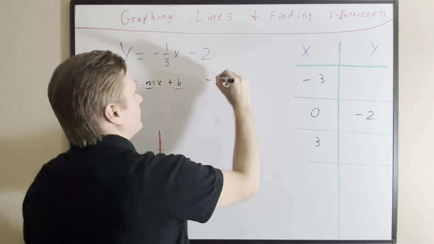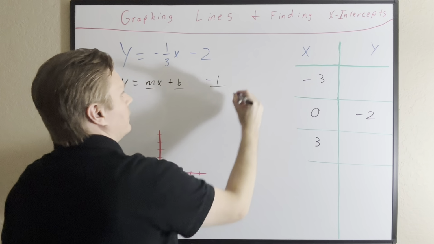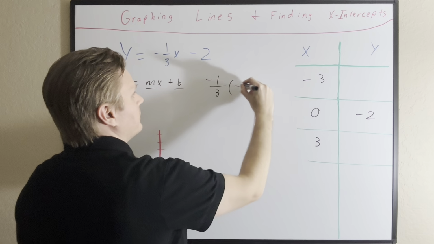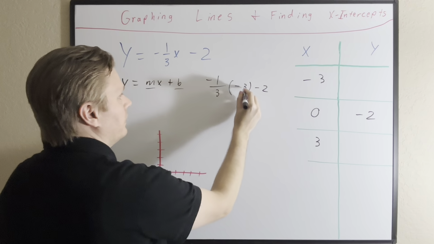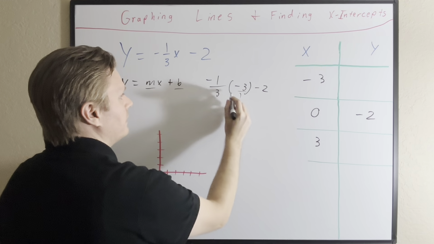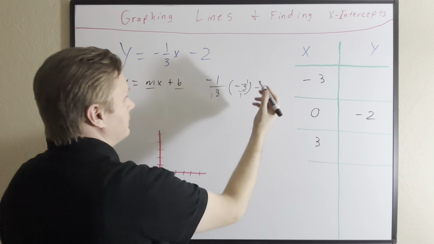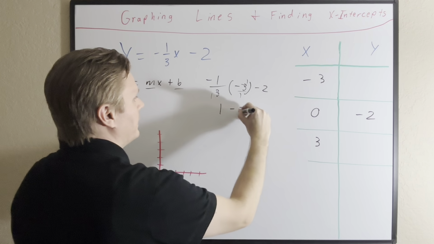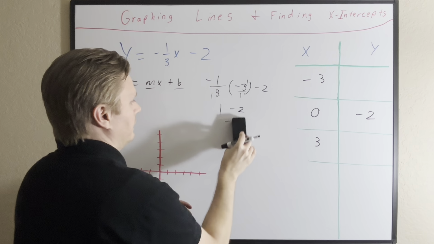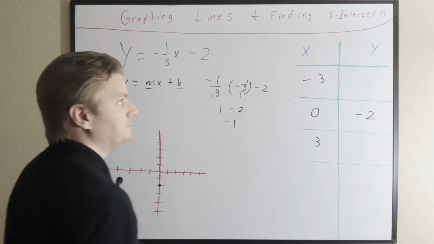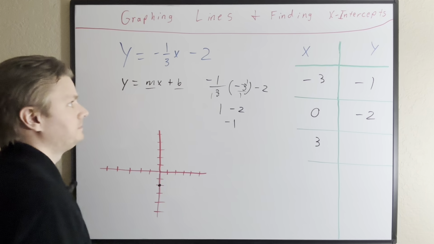So let's try negative 1/3 times negative 3 minus 2. Well, 3 divided by 3, right? So that cancels out. We just have 1. Negative times negative is a positive, so it's just positive 1 minus 2, which is negative 1, right? That was easy.